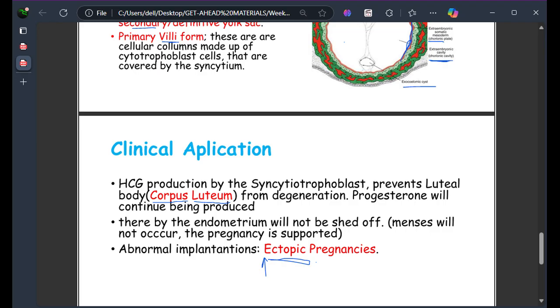The uterine lining has to be maintained in its thickness so that it keeps providing the optimum environment for the embryo to be growing. So the corpus luteum produces progesterone that helps it not to be degraded.